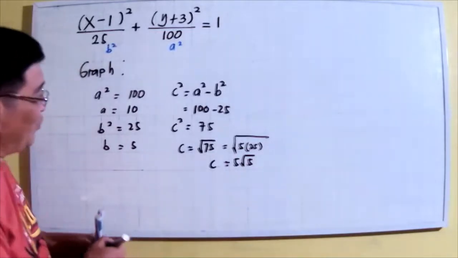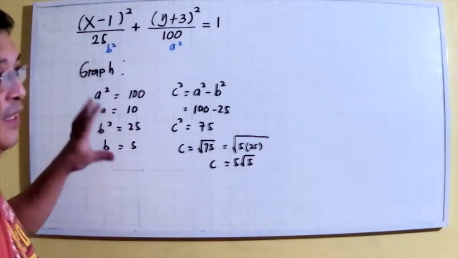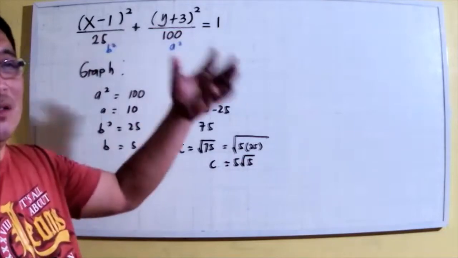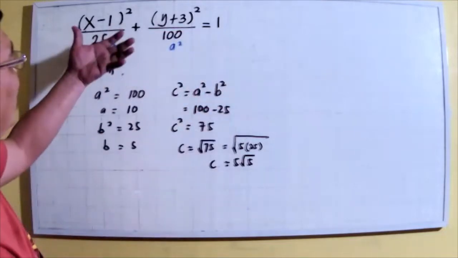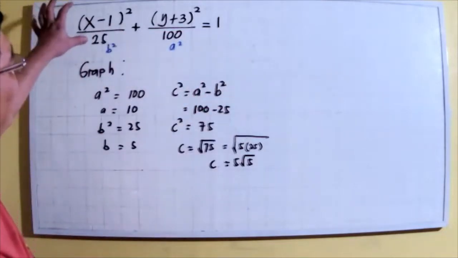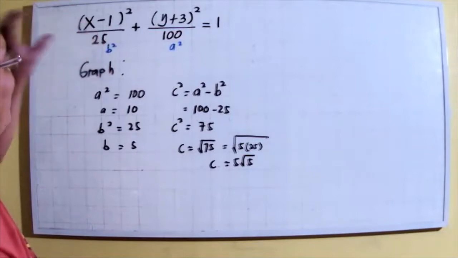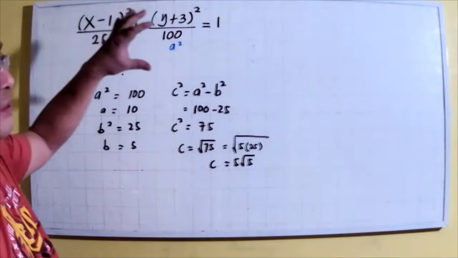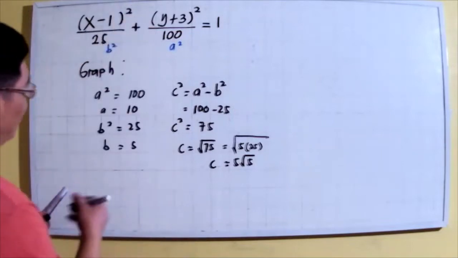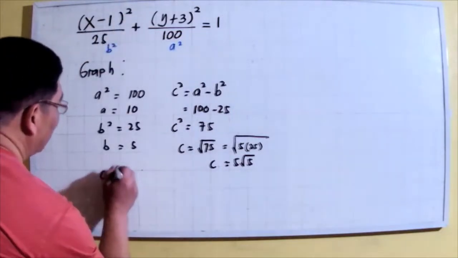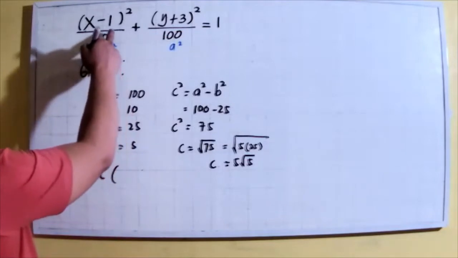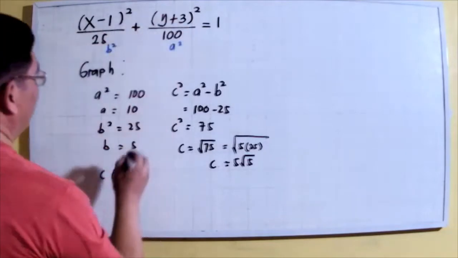Now, alam na natin yung value ng a, ng b, ng c. At the equation, makikita mo in this standard form na yung (h, k) or your center is right at this equation. The center (h, k) is at (1, -3).